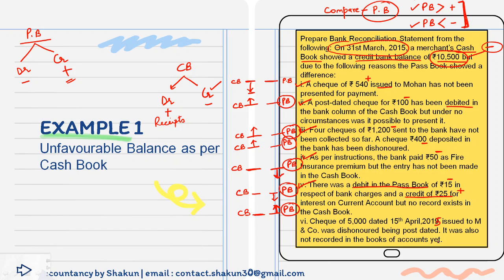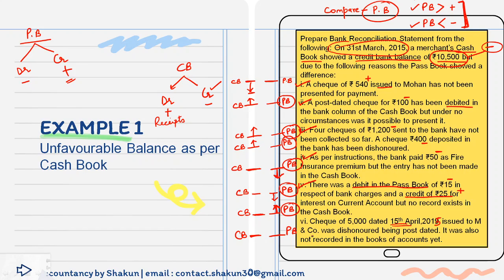Now a tricky transaction. A check of 5,000 which was dated 15th of April and issued to somebody was dishonored. That means, since the check was dishonored, the passbook did not decrease, because this check was issued to MN Company but got dishonored. But the same transaction was not recorded in the cash book also.